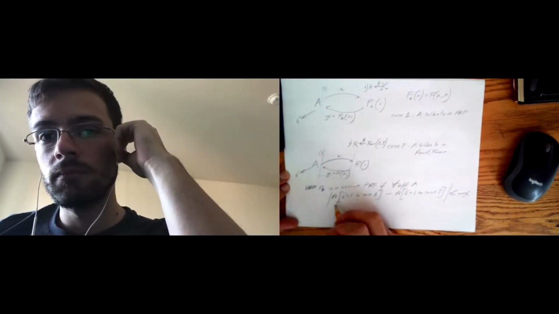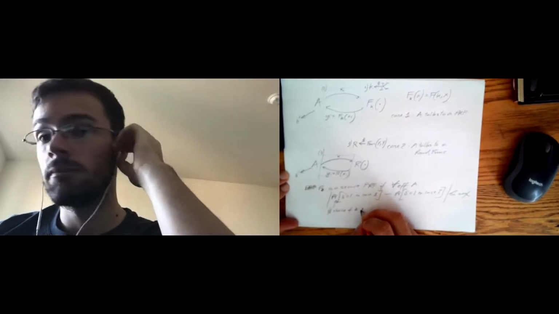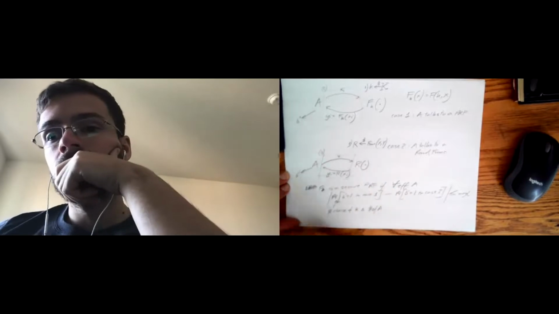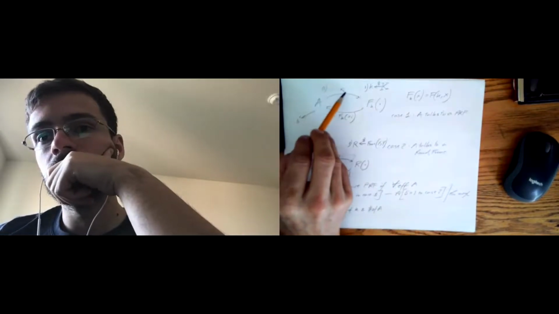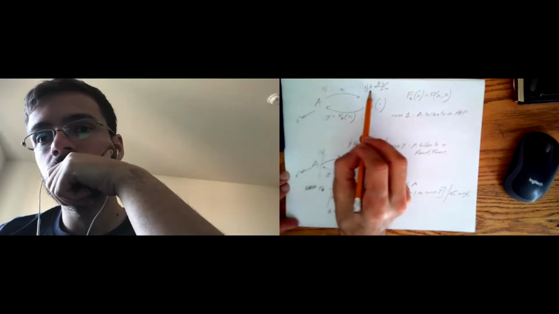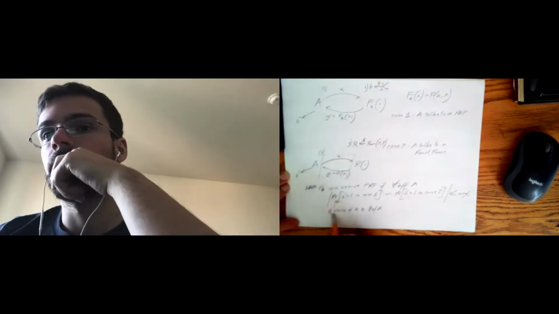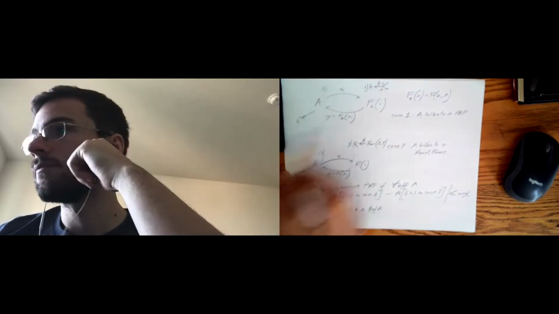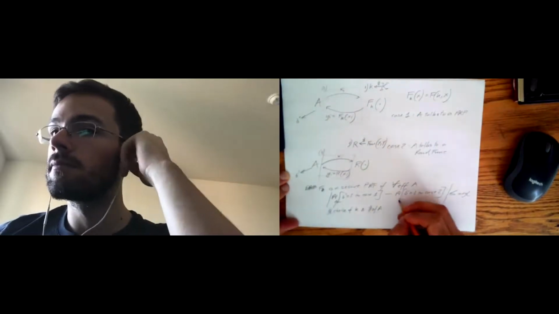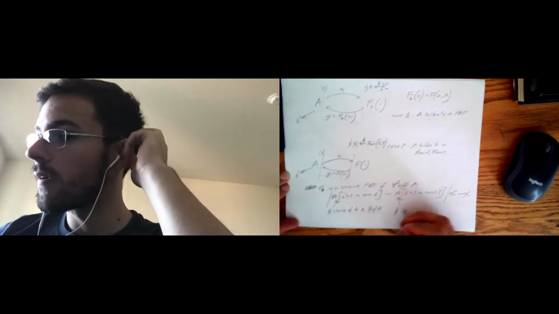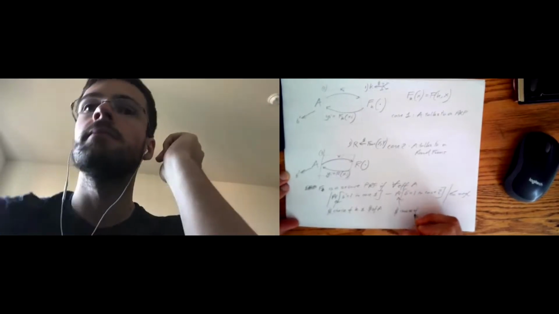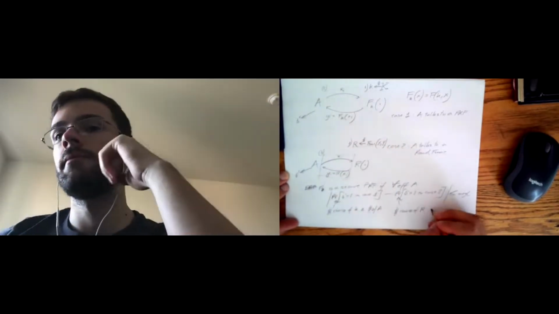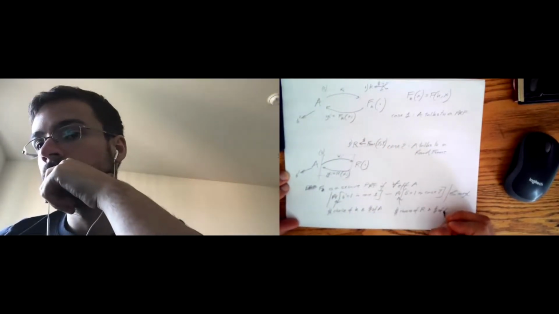This probability goes over the random choice of key and the randomness of A, because A is randomized. Perhaps it chooses the x_i's in some randomized way. And of course, there was randomness in this initial choice. After that, there is no further randomness in here. This is a deterministic function. And here, it goes over the random choice of R, the true random function, and the randomness of A.